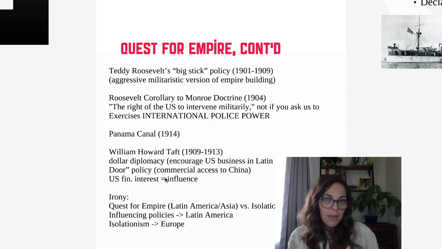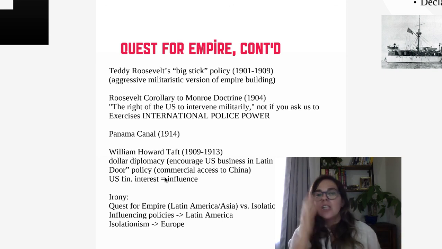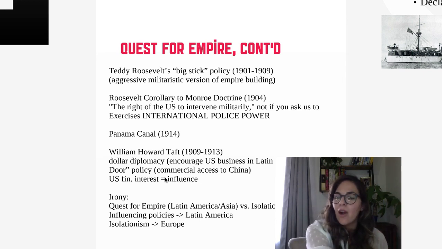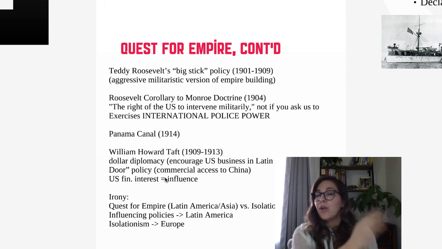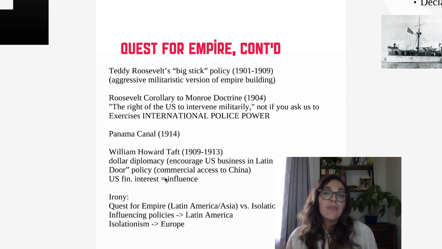We don't see them as our little brown brothers, right? Or as lesser than us. They are our political and economic competition, military competition. So we are trying to stay away from any conflict going on in Europe, but we also don't want them interfering over here, which is what Teddy Roosevelt was trying to preserve, right, with his Roosevelt Corollary.